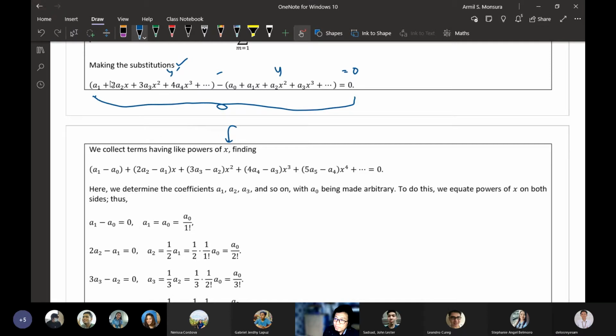For example, this a1 here and this a0 here both contain x raised to 0. So therefore, they must be combined. So a1 minus a0. Okay? This term here and this term here both contain x raised to 1. So they should be combined. Okay? Is that clear?